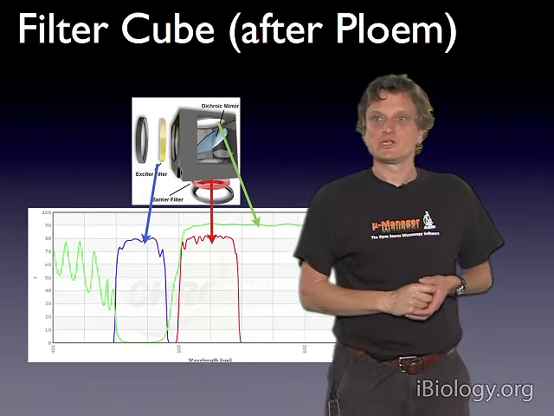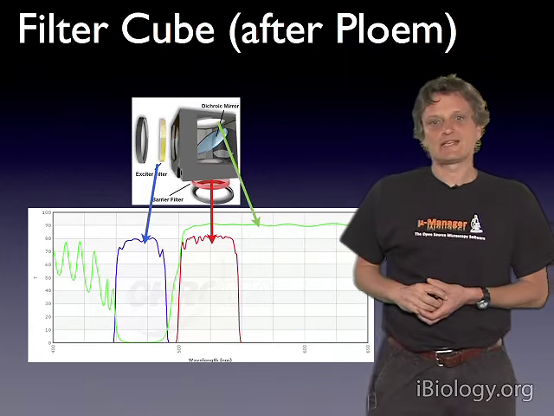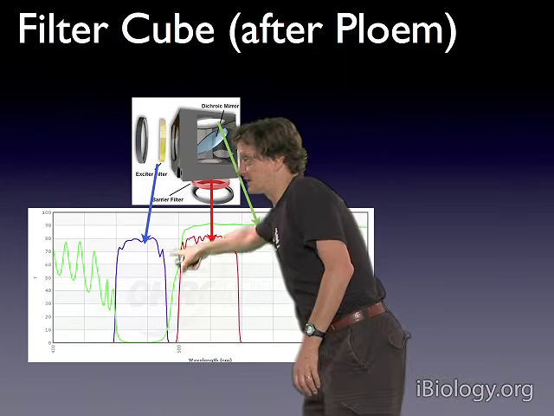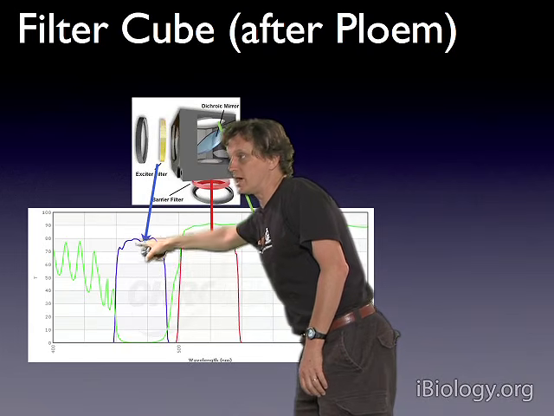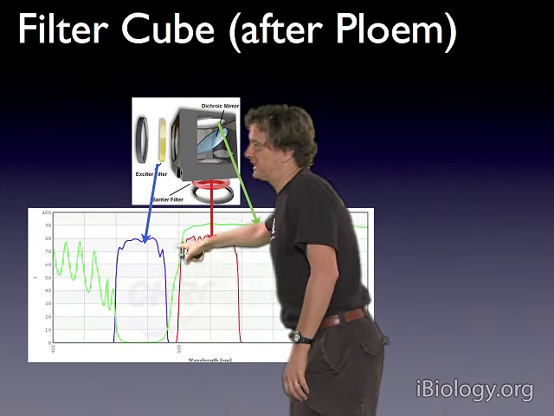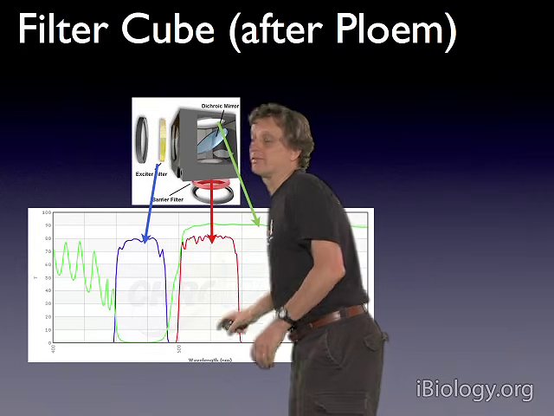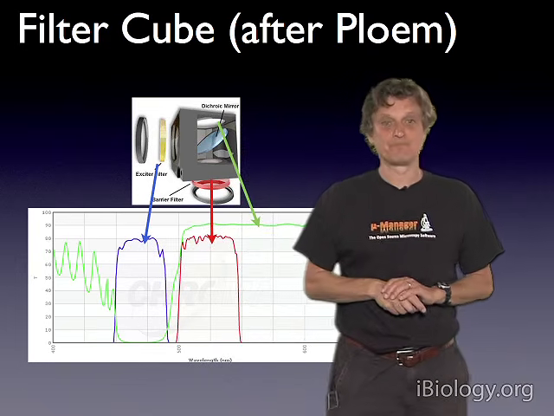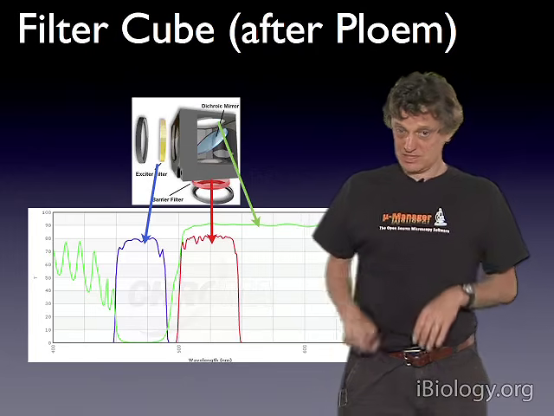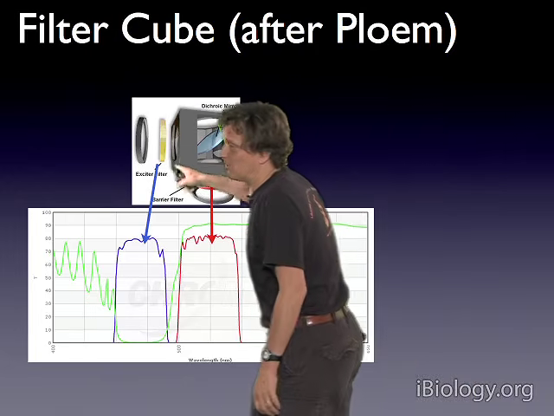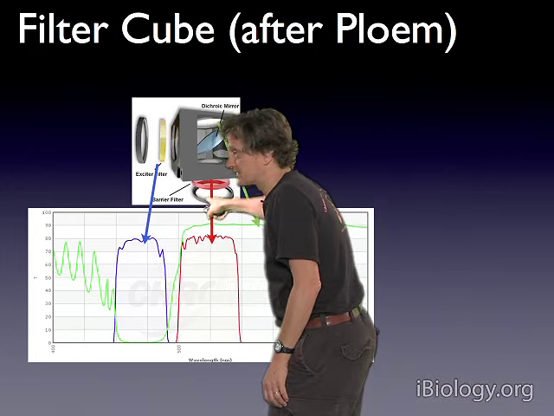What's very important to know, and the information you should always have about these filters, is their spectra. So what are the wavelengths that are being transmitted and what are the wavelengths that are being reflected. And those spectra then will look something like as follows.